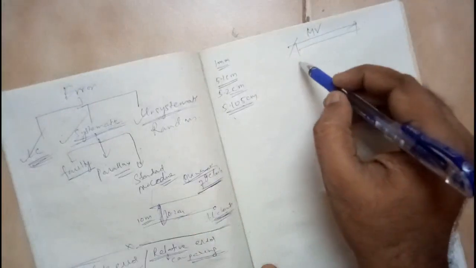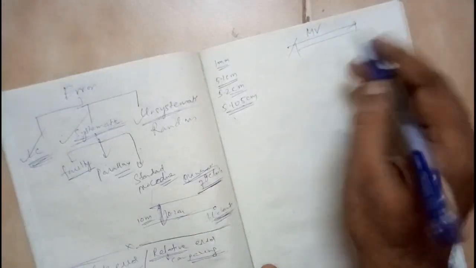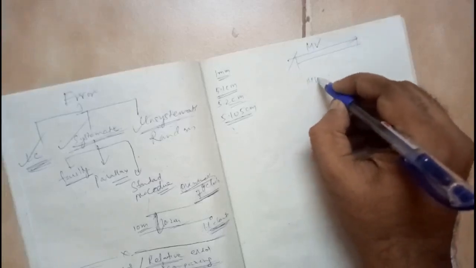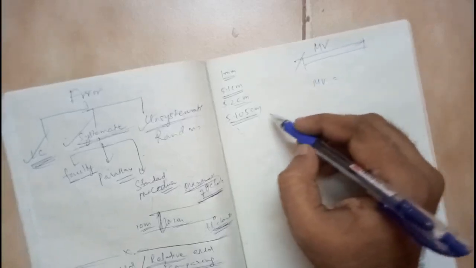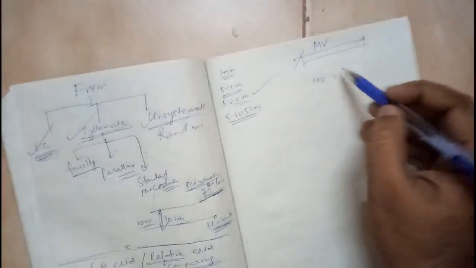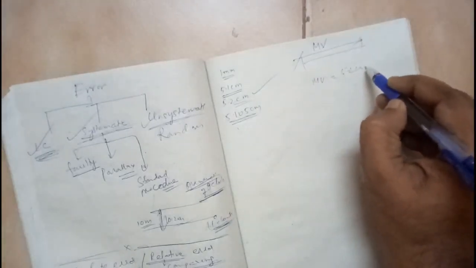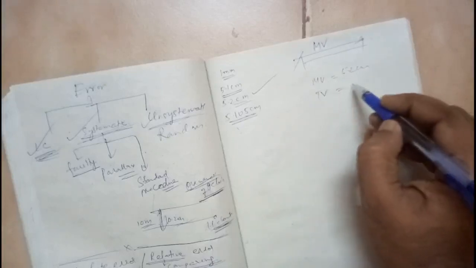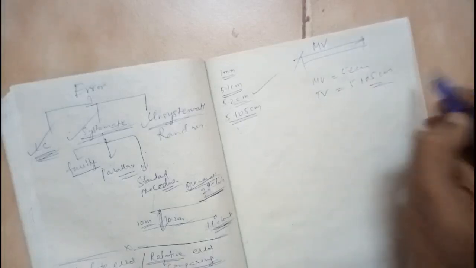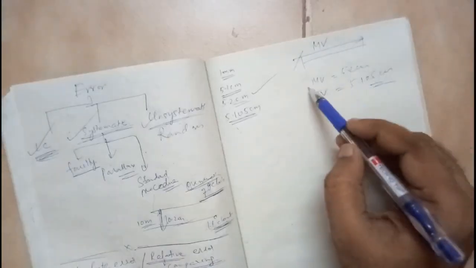Then you took a very good instrument and got the actual value. In the previous example, the measured value was, let us say, 5.2 centimeter. This was the measured value. And what was the true value? The true value was, let us say, 5.105 centimeter. So there is an error here.